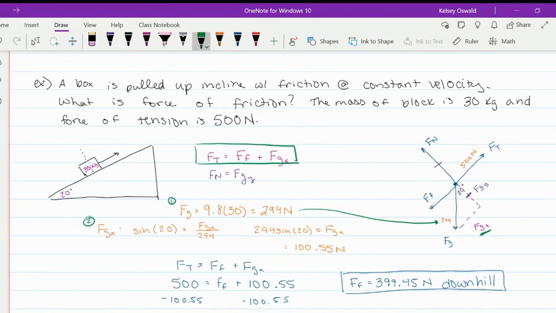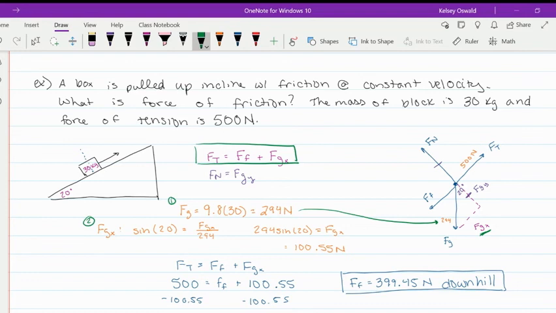So in step 2, we now use that force of gravity and our trig function to find that component of our force of gravity. So we do sine of 20 is equal to opposite over hypotenuse, or Fgx over 294. Multiply each side by 294, and we find our force of gravity in the x direction to be 100.55 newtons.